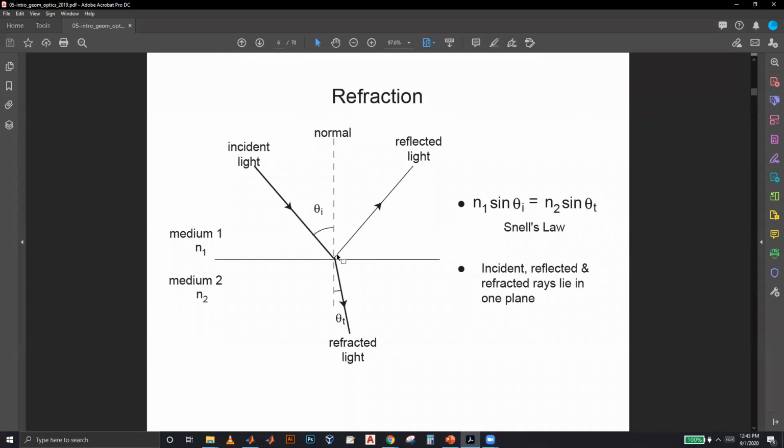But again, a small amount of energy is going to get reflected back. So in the case of refraction, we define the angle of refraction as the angle between the refracted light, which is going into the second medium, with the normal, right?